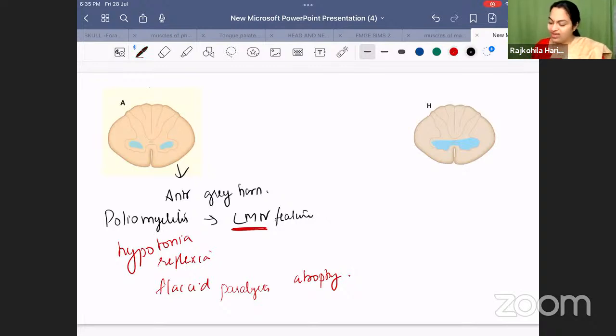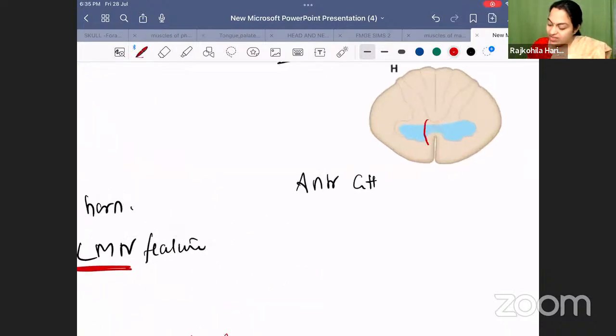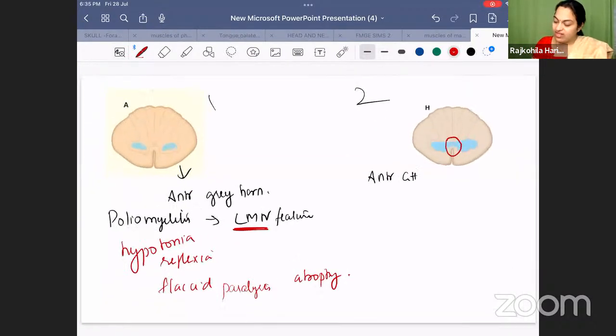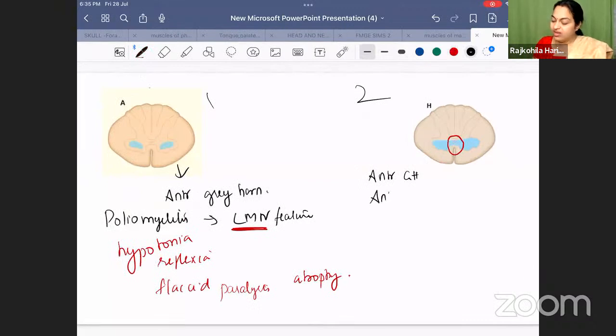Coming to this one, what is here again? Here again, I accept it is anterior gray horn. Okay, but what is the difference between this picture and this picture? 1 and 2. This area, come on, see it with me. This area, what is it? That's the anterior commissure, isn't it? And what tract is going to cross over there? A spinothalamic tract. Can you understand the difference between figure A and B?